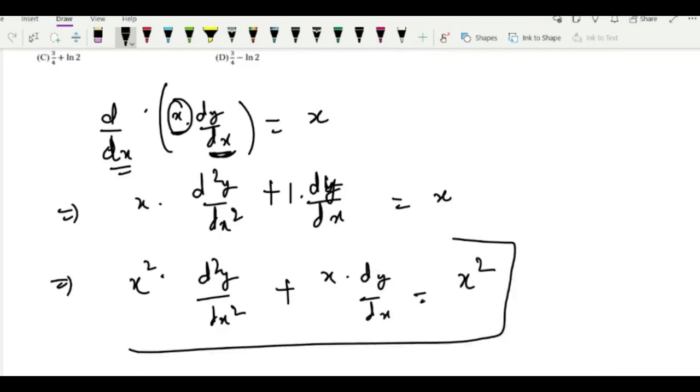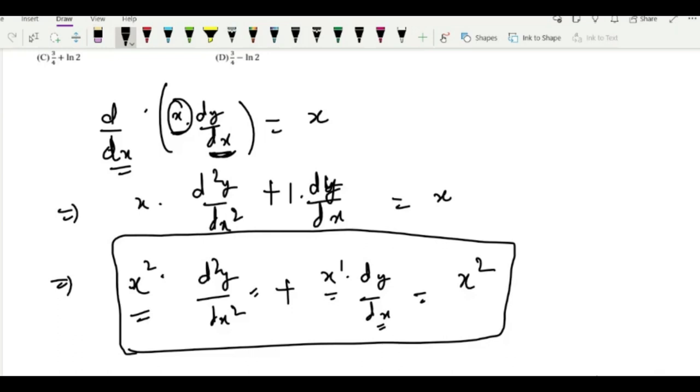Now this equation is our Cauchy-Euler equation. Here the power of x is equal to the order of differentiation. Now this is our Cauchy equation. Now we can proceed in the similar manner for finding the solution.